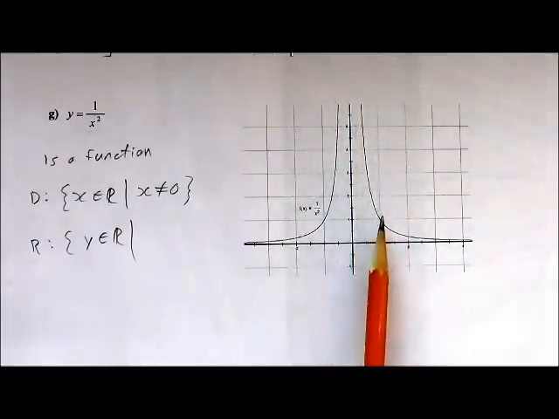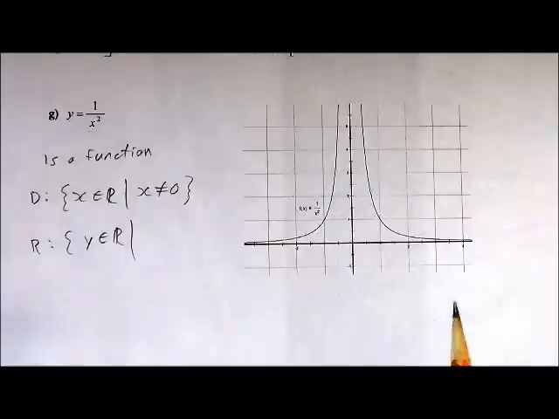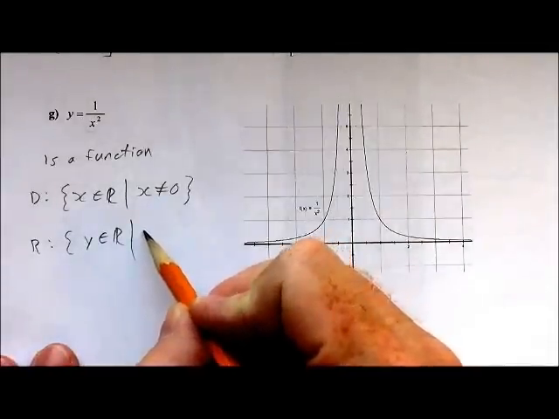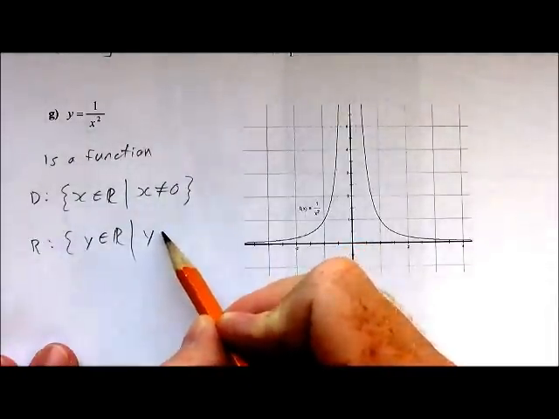And as you see it leveling out there, that's approaching a horizontal asymptote, which means the graph on either side will never reach y equals 0. So y is never negative because of that squared value, so y is always greater than 0.